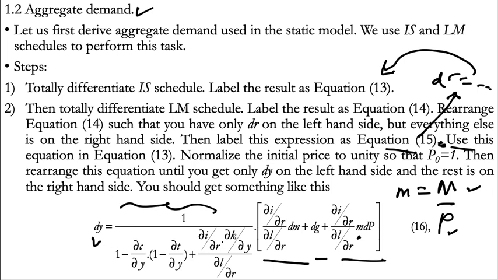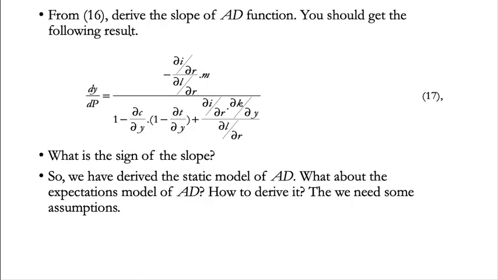Now, from equation 16, you can derive the slope of the AD function. You should get something like 17. Before you derive the slope of the AD function, based on your basic study of AD, you have price here and Y here, and it is always downward sloping.